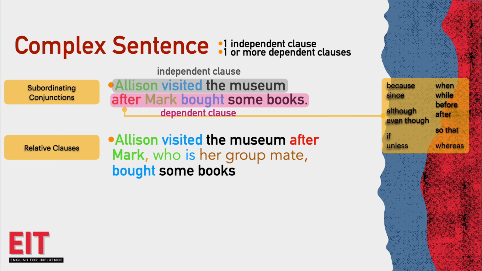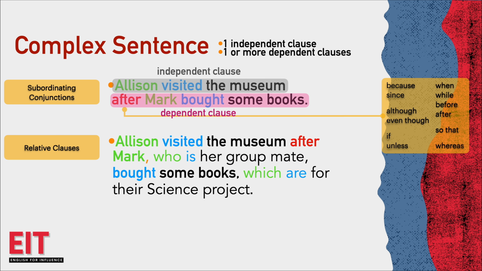Okay, I want to show you another example. So let's say I want to describe books. What are these books? What are these for? So I added another relative clause, which are for their science project. So the subject is which and the verb is are. So you have how many clauses now?